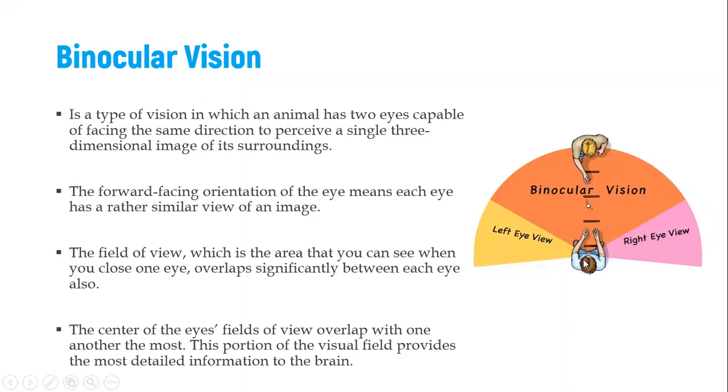For example, the right eye will have a view of the periphery that the left eye will not be able to reach, and the same goes for the left eye. But the center, where both eyes overlap, is the perfect area for vision.